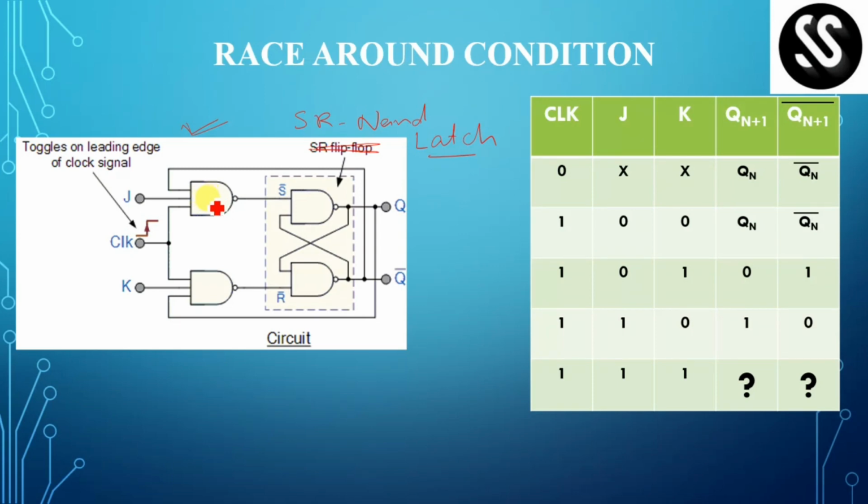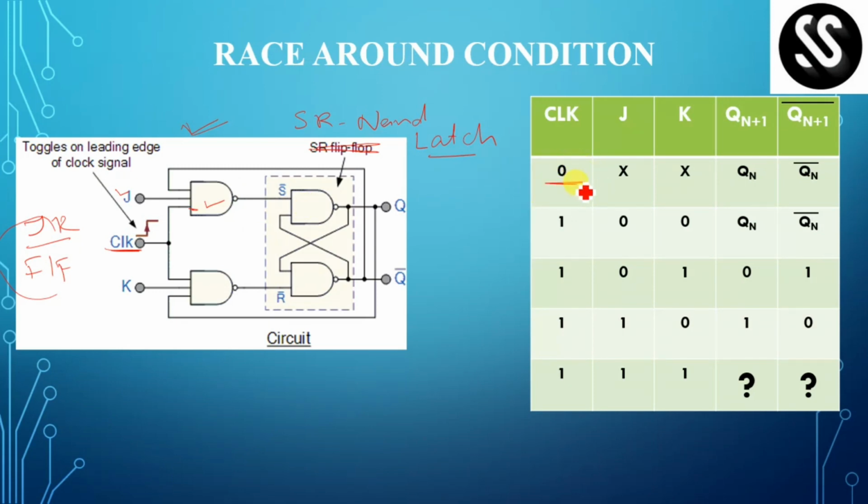With respect to this SR NAND latch, with 3-input NAND gates, we constitute one more circuit called the JK flip-flop, right? Here one input is J, the second input is the output of the SR NAND latch, and the third input is the clock. The clock is connected to both the J NAND gate and the K NAND gate, right? So look at this table.